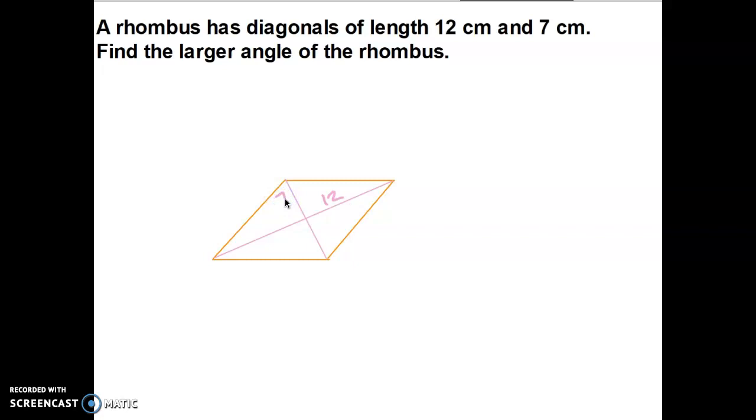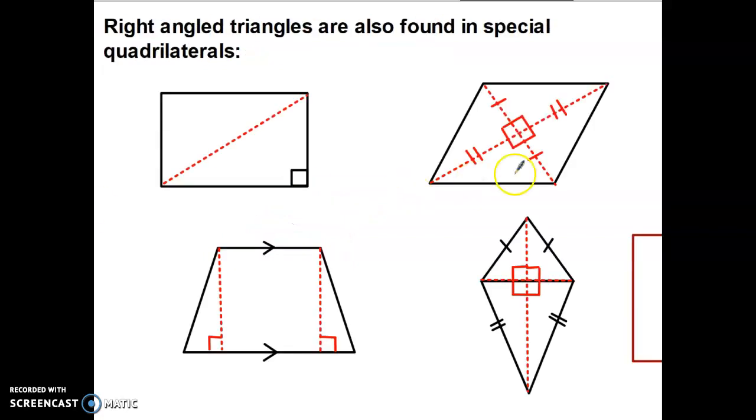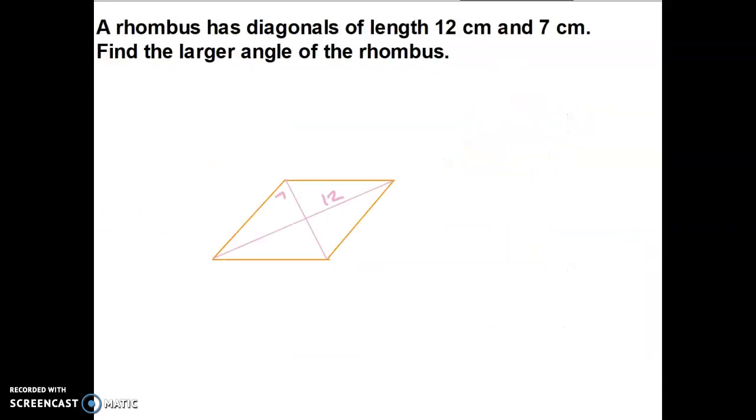All right, and I remember from the drawing that I had before, you guys can see here I've got my right angles, and also see that the diagonals bisect each other. So that means that this part, the whole thing is 12, so that part is 6. And if this whole thing is 7, this part is 3.5, and my right angle is here.